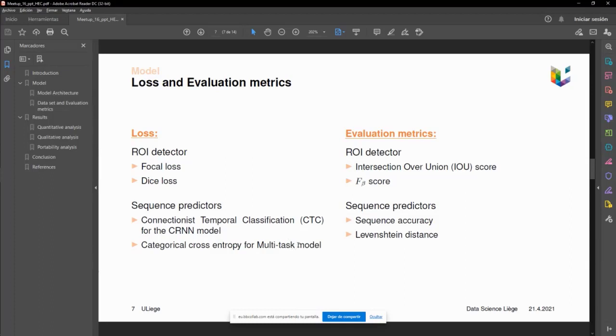And for the multitask model, we treat it as a classification one for each digit, so we use the categorical cross entropy. As the evaluation metrics, we use the well-known intersection over union just to help us see if we are going in the right direction. For the sequence predictors, we make use of the Levenshtein distance that tells us how erroneous our predicted sequences are.